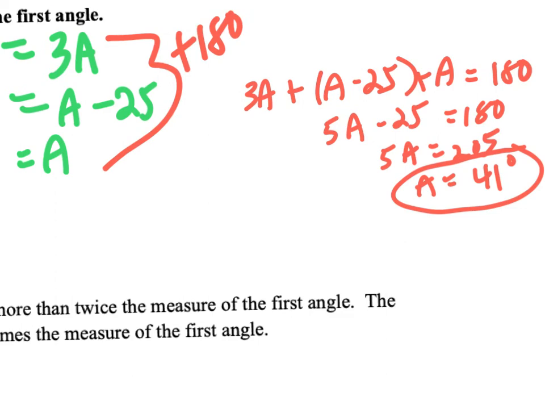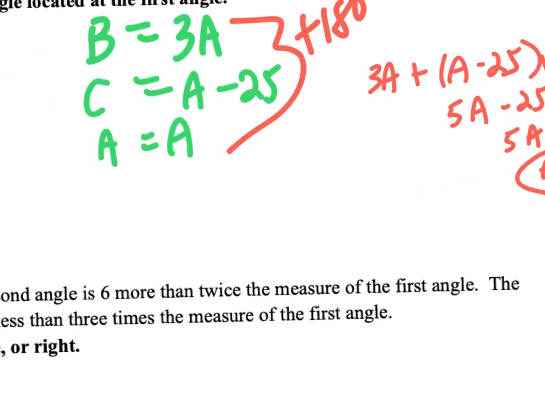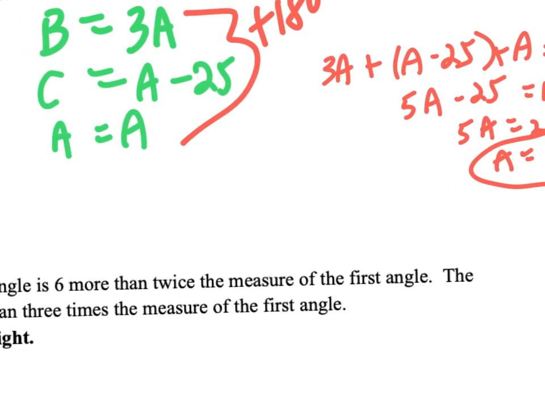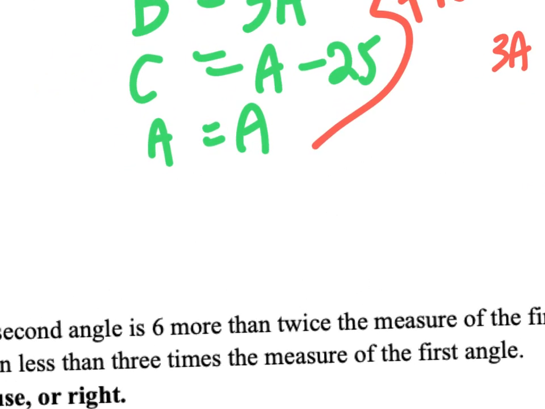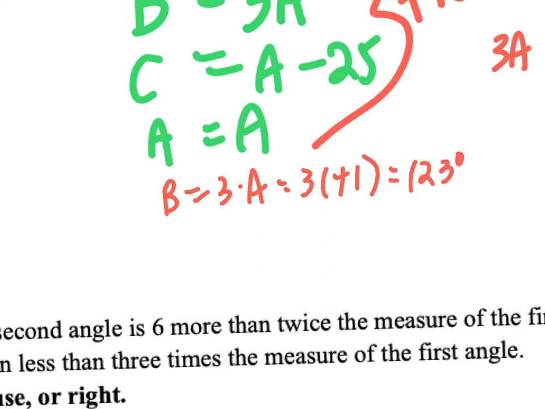Now, using that value for a, I can substitute in order to find b and c. If a is 41 degrees, I know that b equals 3 times a. So this is going to be 3 times 41 after I substitute that value in, and that gives me 123.